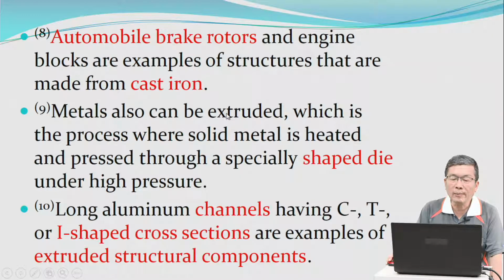Metals also can be extruded, which is the process where solid metal is heated and pressed through a specially shaped die under high pressures. Long aluminum channels having C, T, or I-shaped cross-sections are examples of extruded structural components.